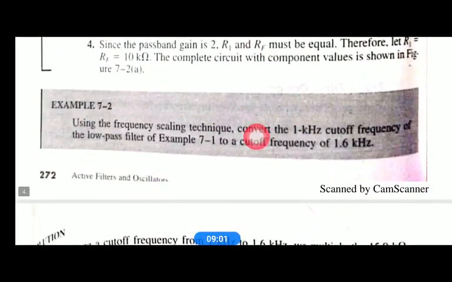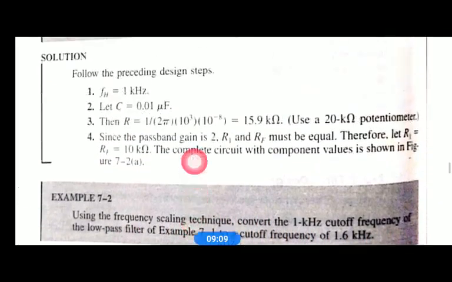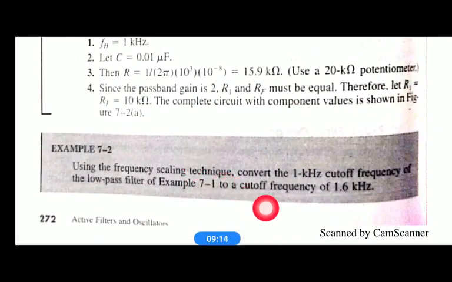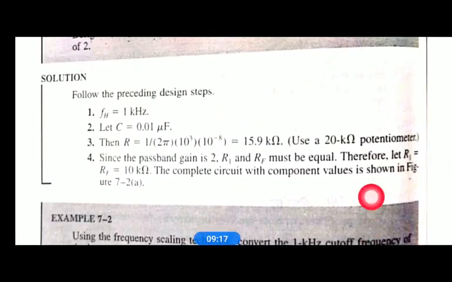Using the frequency scaling technique, convert the 1 kilohertz cutoff frequency of the low pass filter of example 7.1 to a cutoff frequency of 1.6 kilohertz. In this example, we chose 1 kilohertz to design the whole thing. Now we only need to change the value of FH to 1.6 kilohertz.